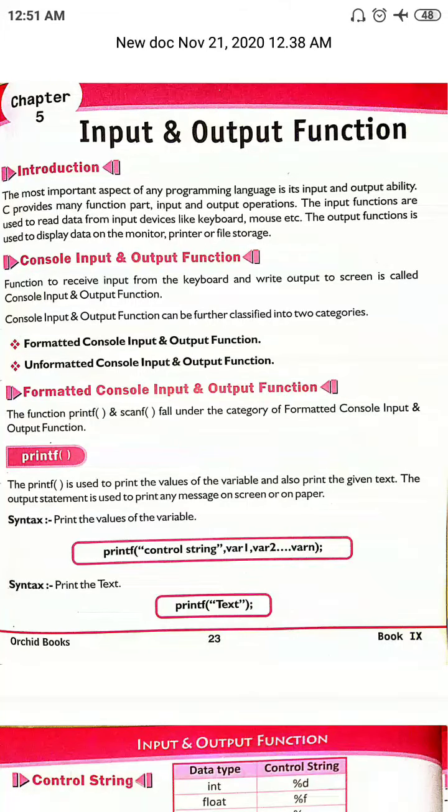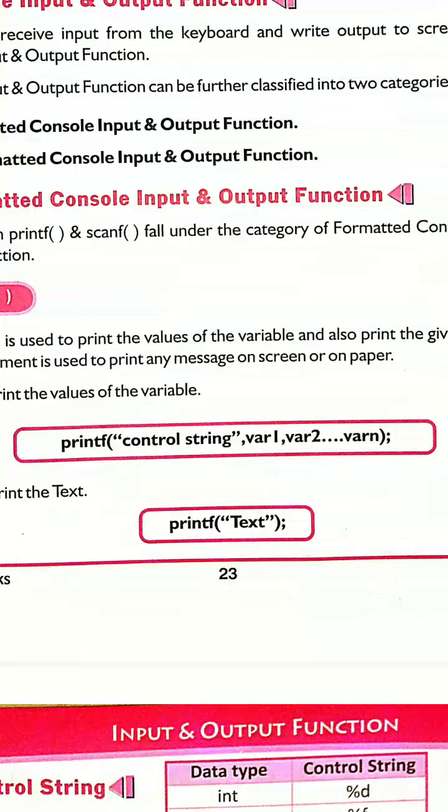Here you have to follow the syntax as it is, and at the end of this statement you have to end it with a semicolon. That's how the computer will understand the statement is ending here. The first box denotes the syntax for printing values of a variable, and the second box denotes the syntax to print normal text.